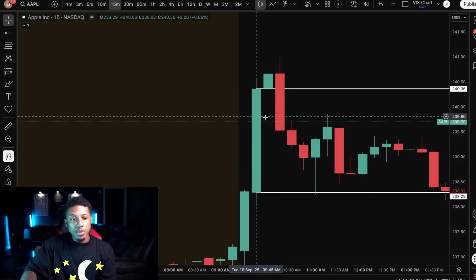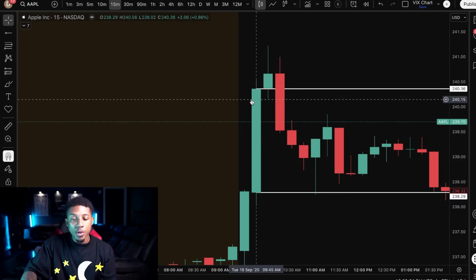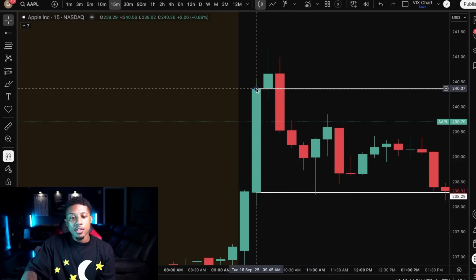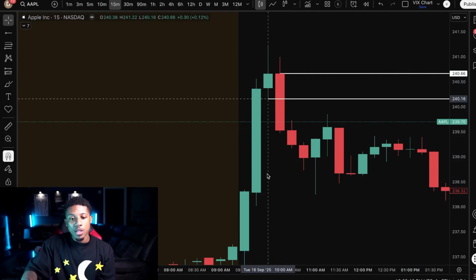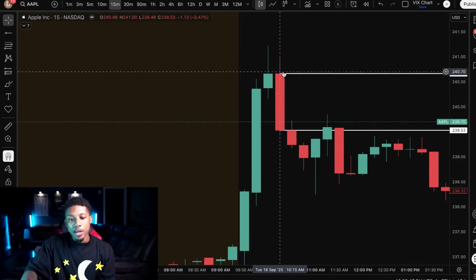So this specific stock, which is Apple, opened at $238.29 on this candlestick, and then it ended up closing at $240.36, right? So buyers won that particular battle. The next thing you need to understand is that a red candlestick is the opposite. We opened at the top and we closed at the bottom.